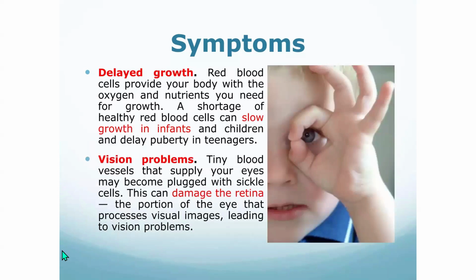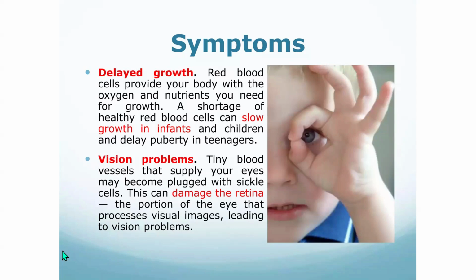Then delayed growth. Red blood cells provide your body with oxygen and nutrients that are needed for growth. So a shortage of healthy red blood cells can slow growth in infants and children and delay puberty in teenagers. And of course, all this is because the nutrients and the oxygen delivered by the red blood cells are not enough.